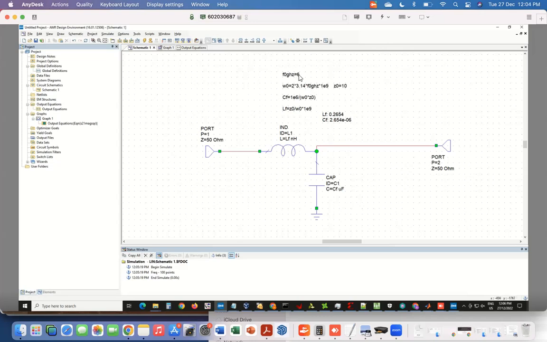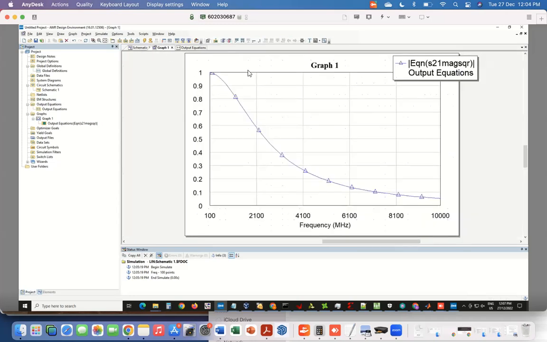To keep it simple, I've defined this in gigahertz, but I've used the 1E9. No, this is okay. But this is basically what I want to show you, that the cutoff frequency is not really the same as the LC resonant frequency.